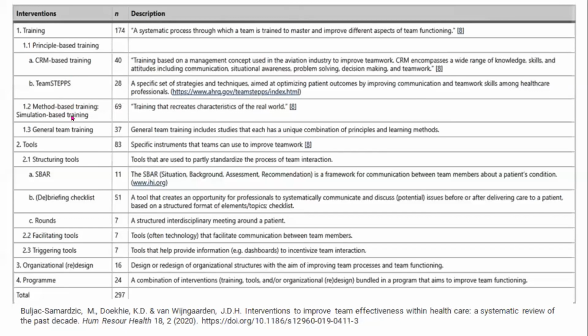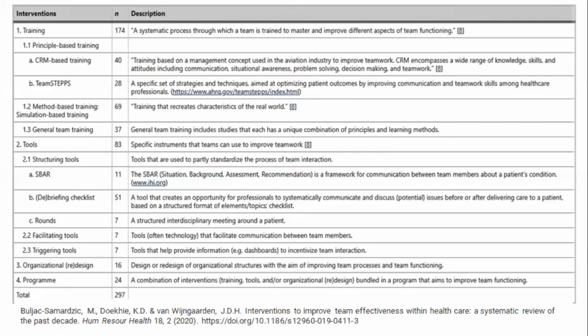In our simulation-based training, we use scenarios of things that people see more commonly, but our focus has been more on critical care. And then we also incorporate CRM principles, which is crisis resource management.